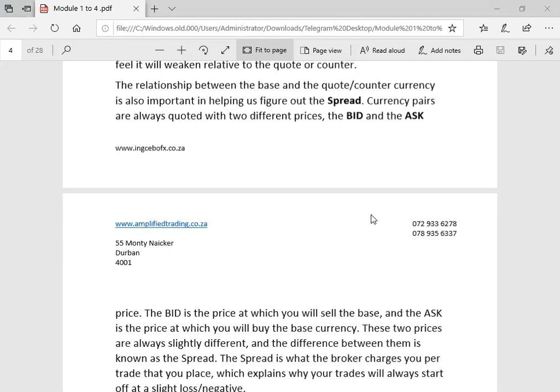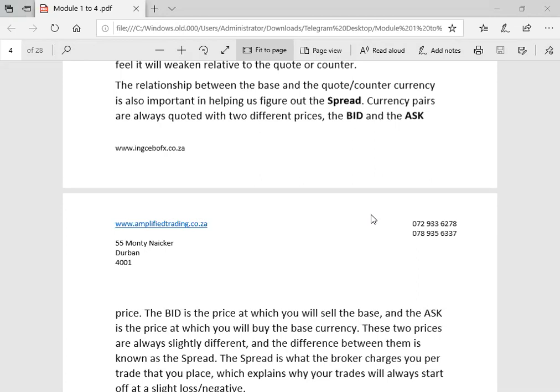So when they bid, it is the price that they are willing to buy from you. So what would happen if you went back to the bank with that $1 that you took with you, and said, here is your $1, I did not use it, I would like to get my 14 Rand 10 cents back, and they would say, no, we will only give you 13 Rand 90 cents, even though the exchange rate is 14 Rand, we are willing to buy it back from you for 13 Rand 90 cents.